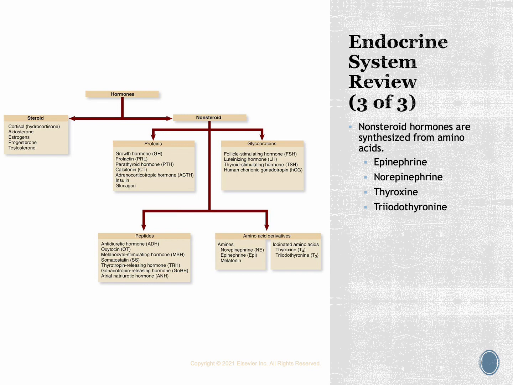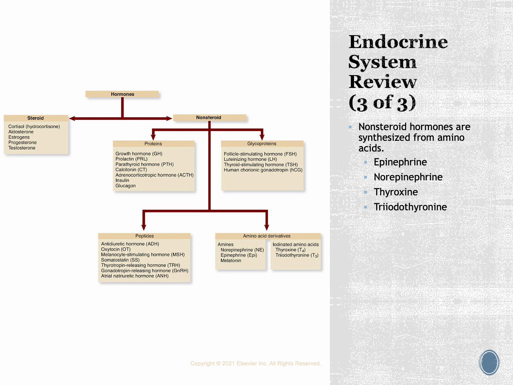So some examples of amines would be epinephrine, norepinephrine, which are both secreted by the adrenal glands, thyroxine, and triiodothyronine.